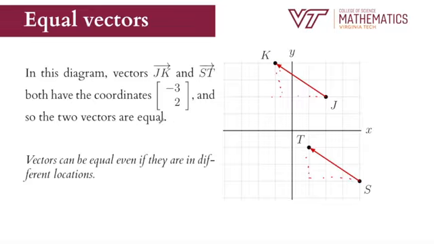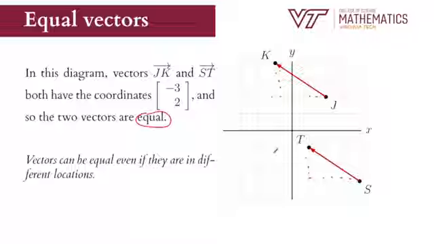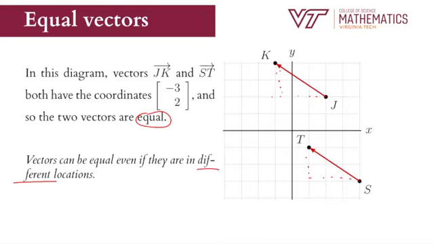They have exactly the same components, so we say that the vectors are equal to each other. To be equal, they have to have the same components. They have to have the same horizontal displacement and the same vertical displacement. They do not have to be in the same location. They can be in different locations, and that's perfectly okay.